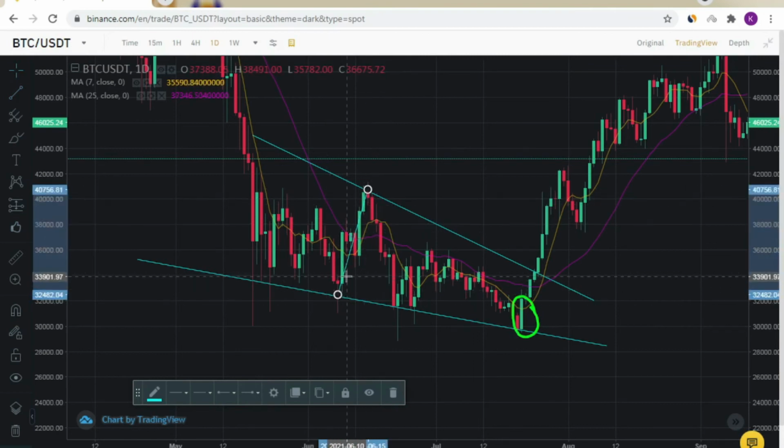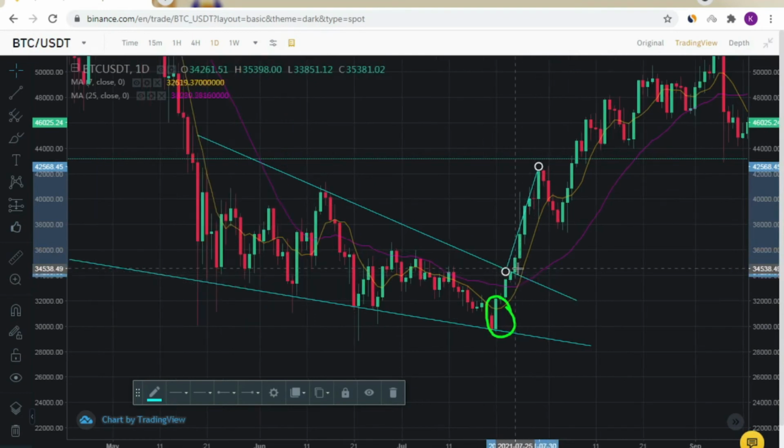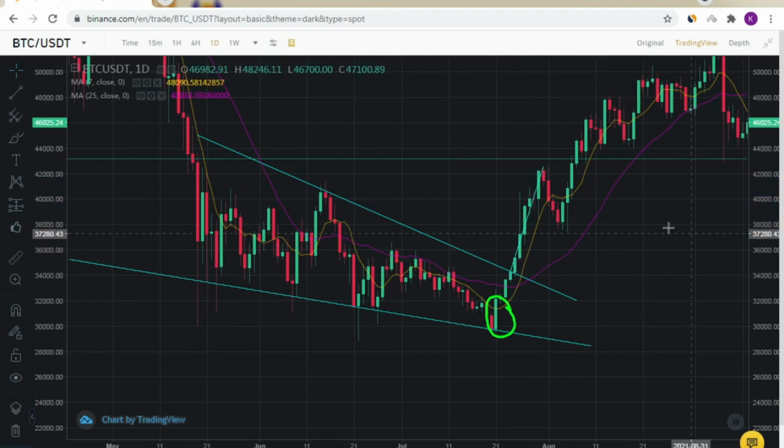So you take from here to there, and you keep it where this candle is closing here. If we pull this like this, then you see exactly where the price reached here. So this is your price target.